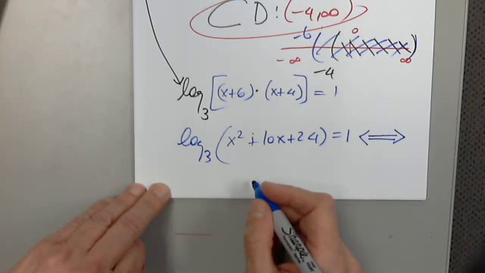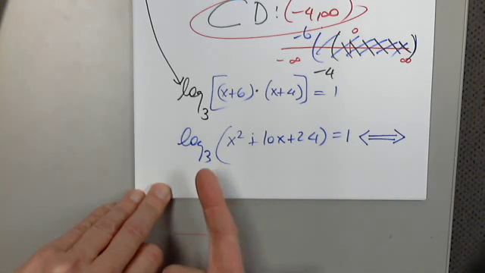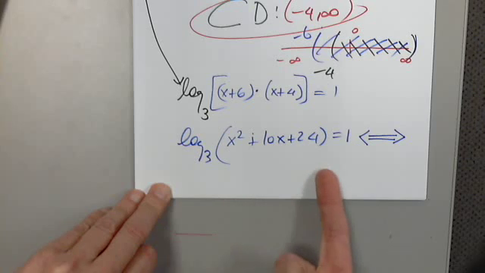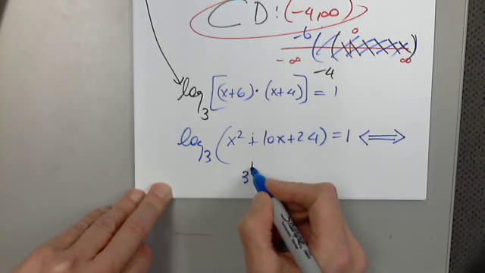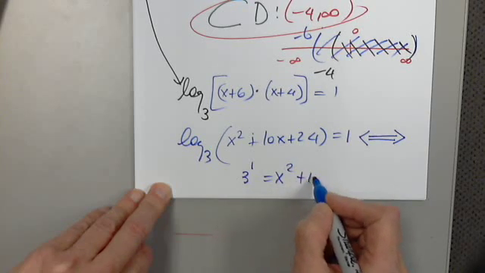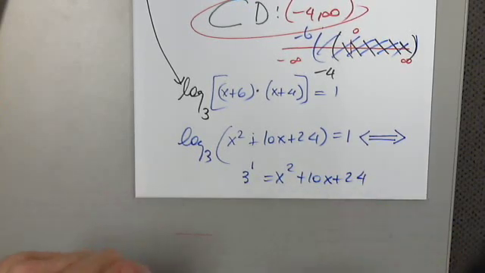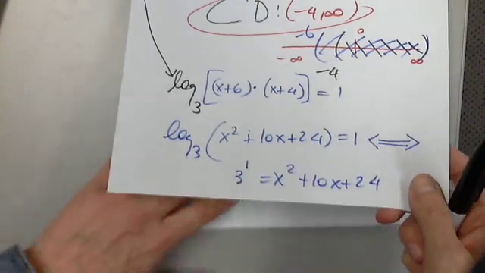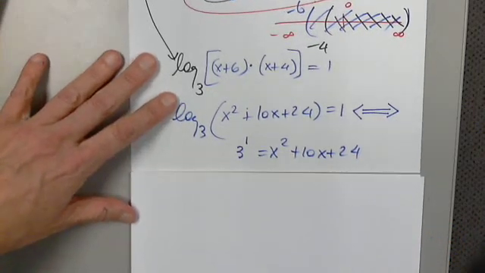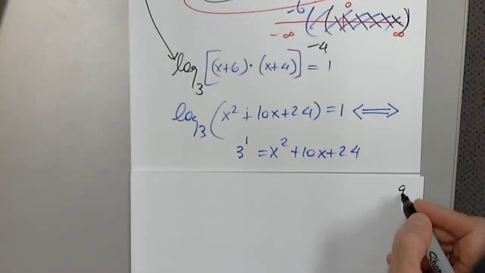What is it? 3 raised to 1 equals this. 3 to the first power equals x squared plus 10x plus 24. We change it into an exponential equation. But now, this is not an exponential equation anymore. It's what type of equation?